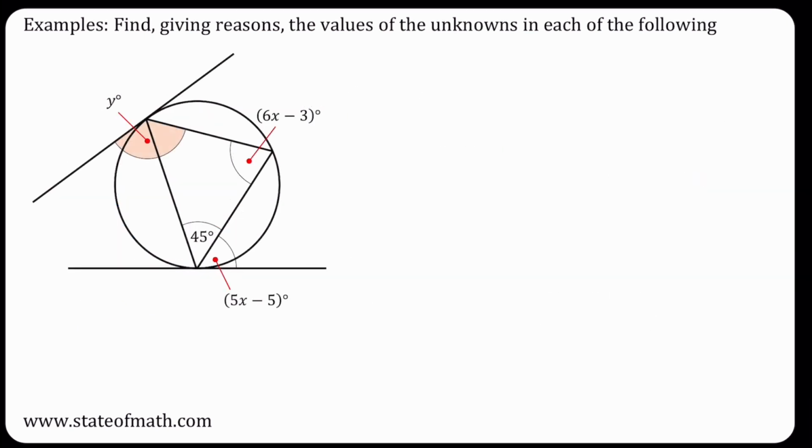In the second example, we need to find the value of the unknown y, which is the angle shaded here. I will start by calling the angle here theta. We know that theta together with the 5x minus 5 should be equal because of the alternate segment theorem. So theta is 5x minus 5, and the reason is the alternate segment theorem.